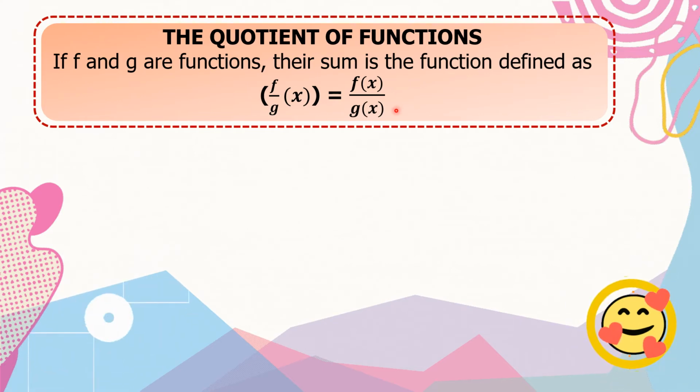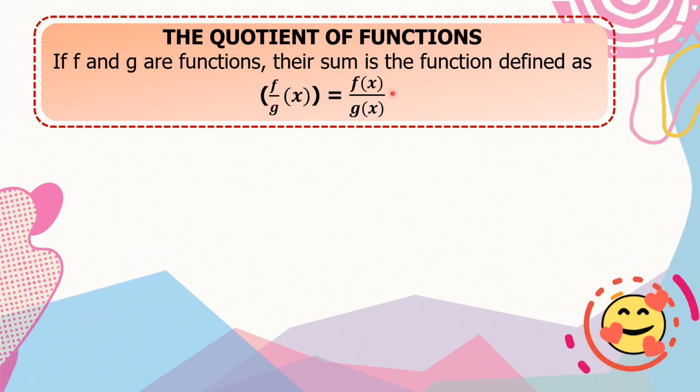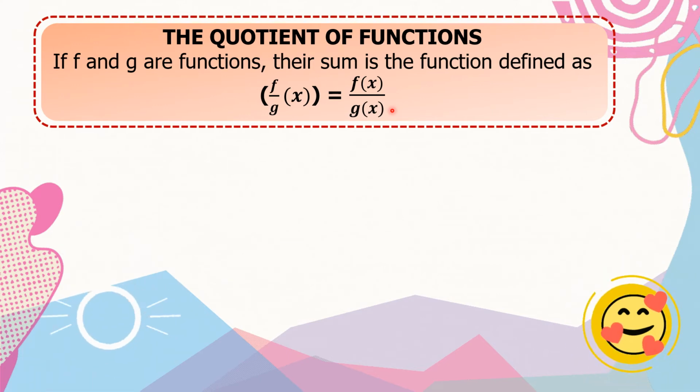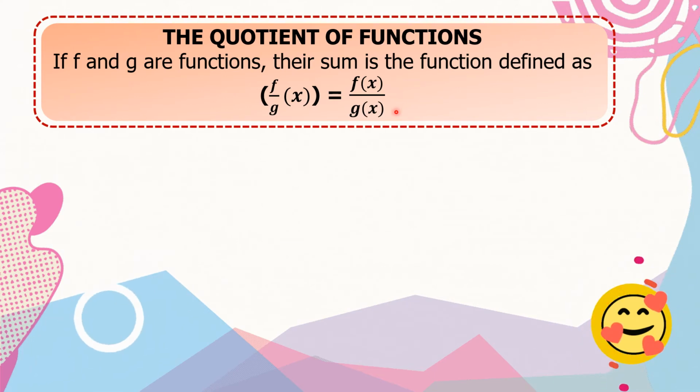So tulad kanina sa product of functions, kapag ang f at g ay functions at kukunin natin ang kanilang quotient, ay i-divide lang natin ang value ng f of x at ng g of x. Kaya nakuha ang f of x over or divided by g of x.